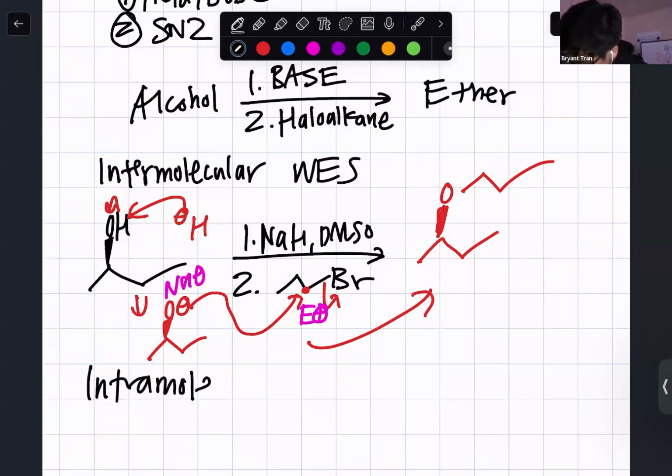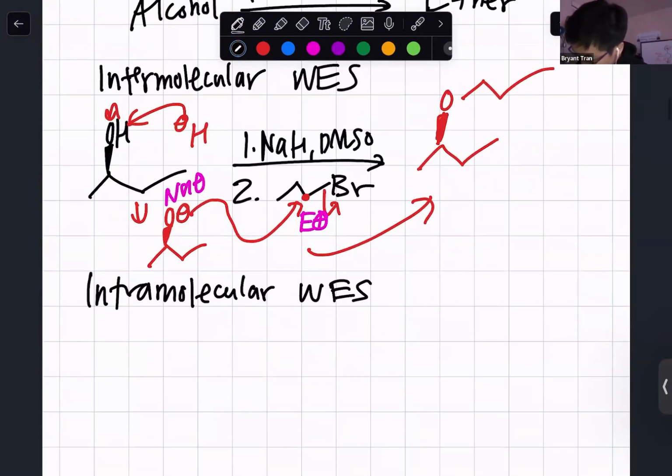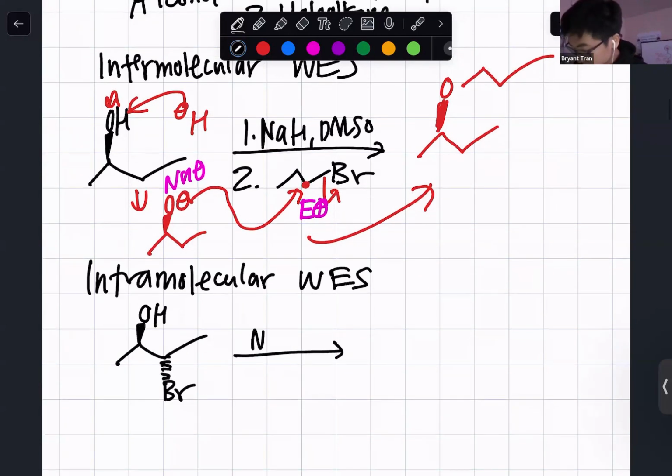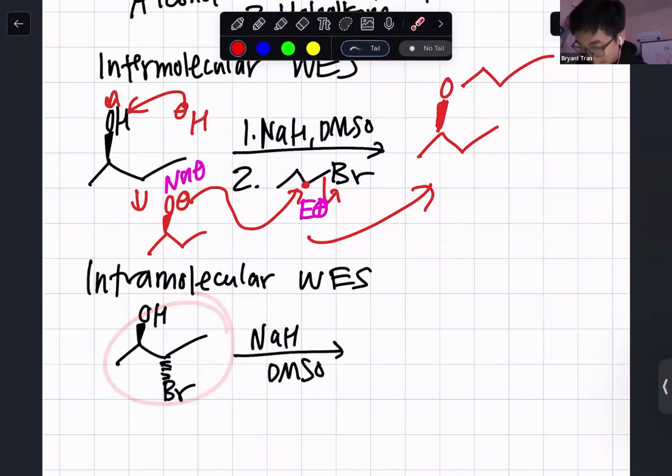Intramolecular WES is when we have the nucleophile and electrophile on the same molecule. So let's say we have OH right there, and we have Br right here. And in this case, we're just gonna have NaH, DMSO, nothing else, because our haloalkane here is part of the same molecule as the alcohol, right?